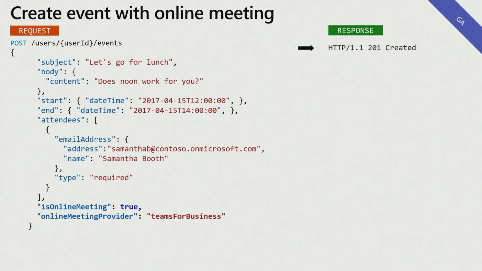That event has a content body. It has the start and an end time. It has the list of people you invite. And in order to make it an online meeting, you specify isOnlineMeeting equals true, and onlineMeetingProvider equals teamsForBusiness. And that creates a calendar invite that has that Teams link in the invitation that you can click on and join that online meeting.